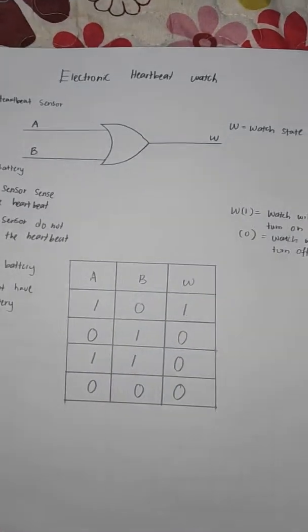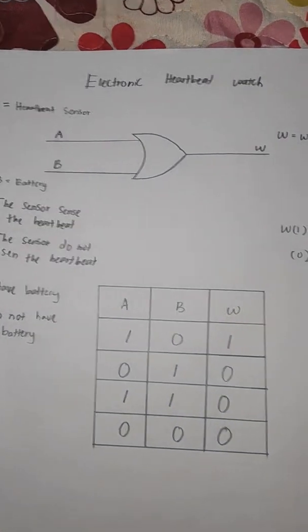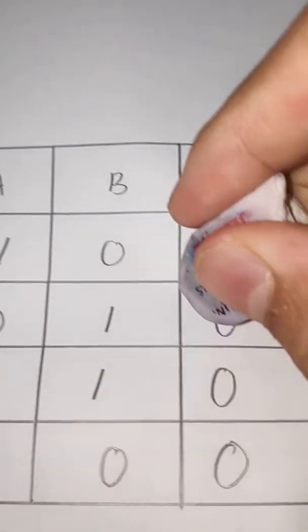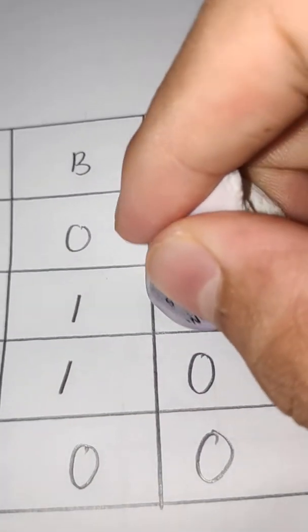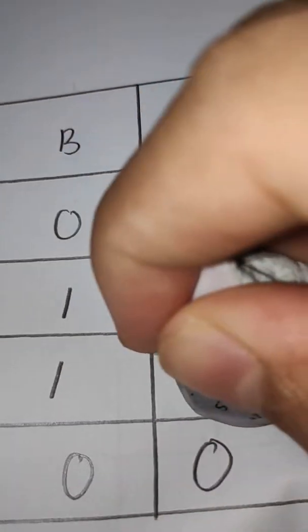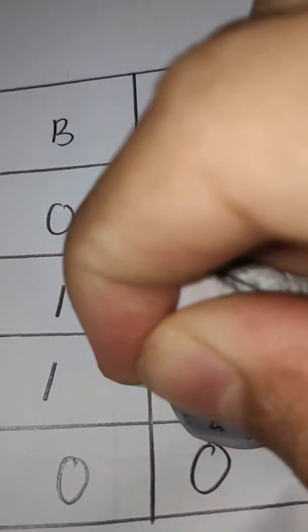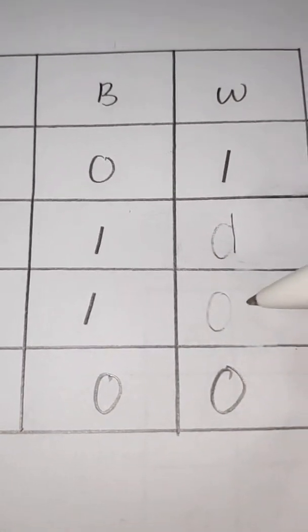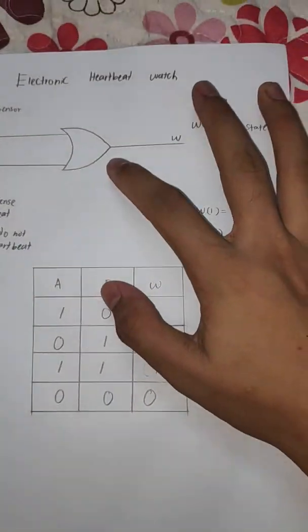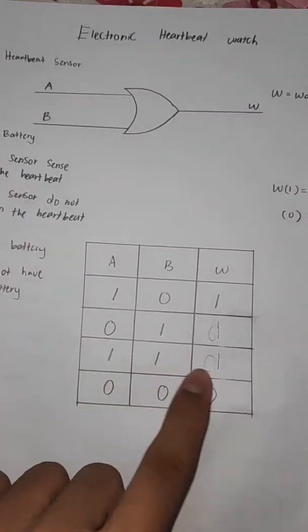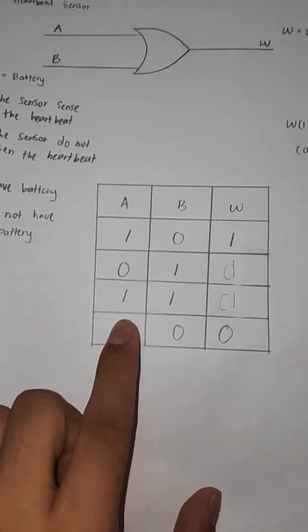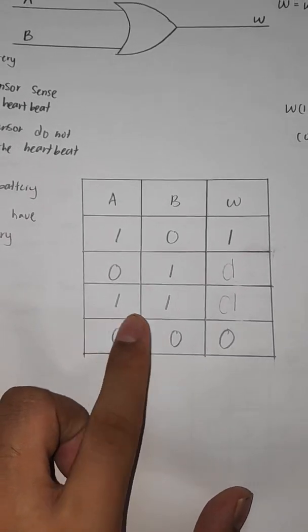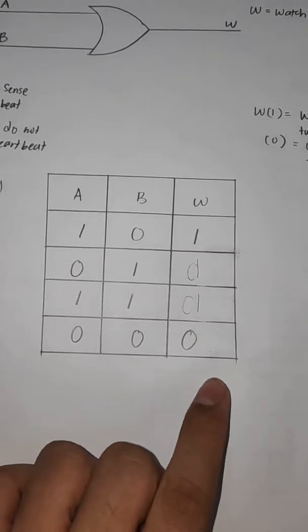This will turn on because it's an OR gate. If there is a battery and the heartbeat is sensed, both are present, so the watch will turn on.